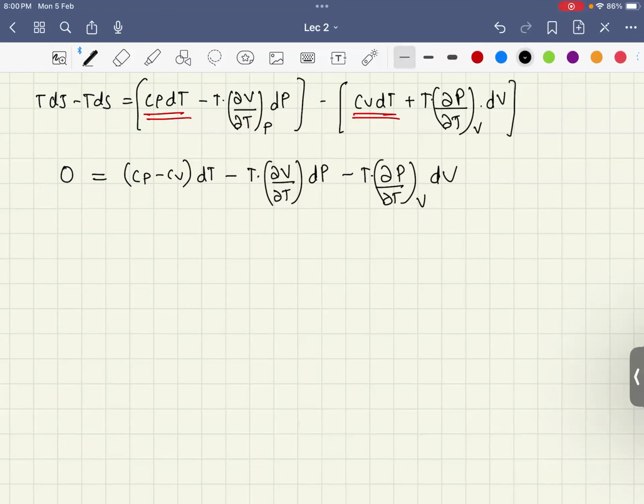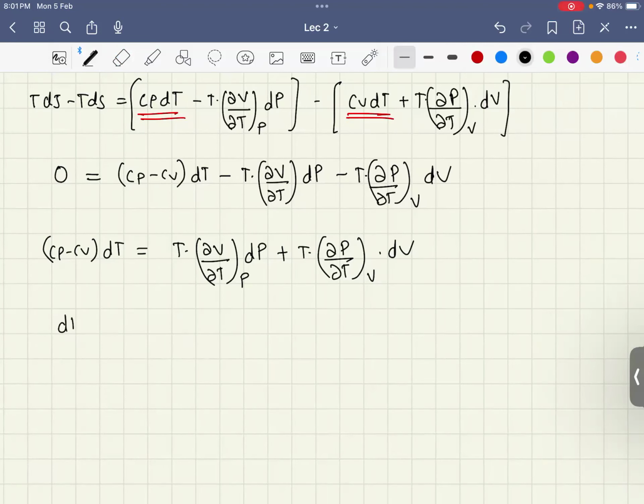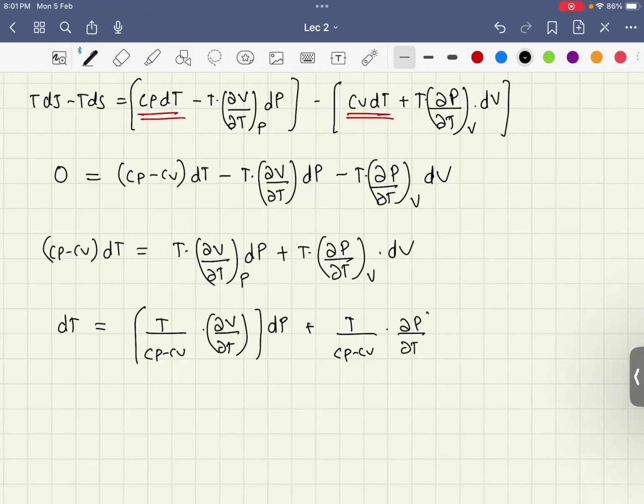We write (Cp minus Cv)dT equals T into (∂V/∂T)p dP plus T into (∂P/∂T)v dV. So dT equals T by (Cp minus Cv) into (∂V/∂T)p dP plus T upon (Cp minus Cv) into (∂P/∂T)v dV, right?